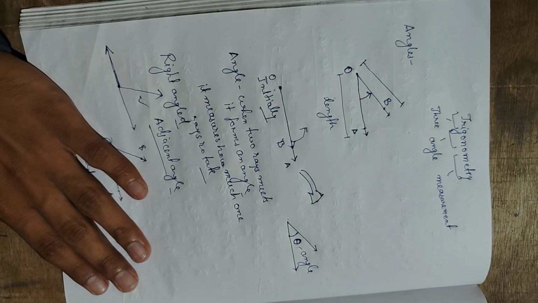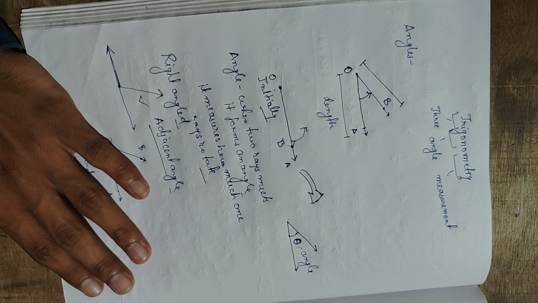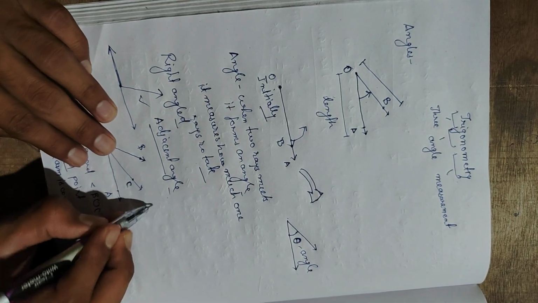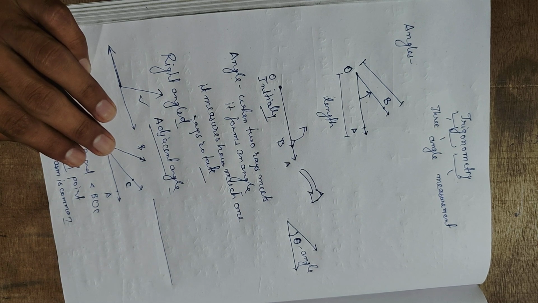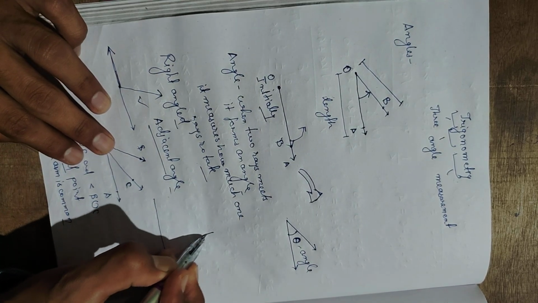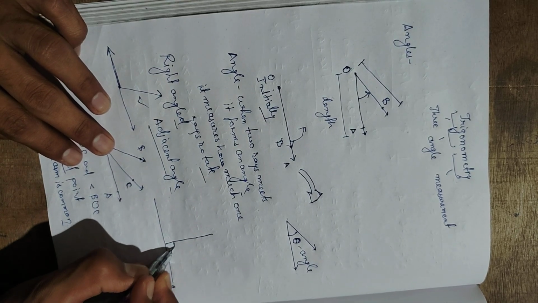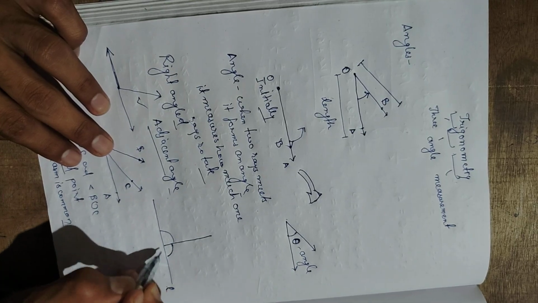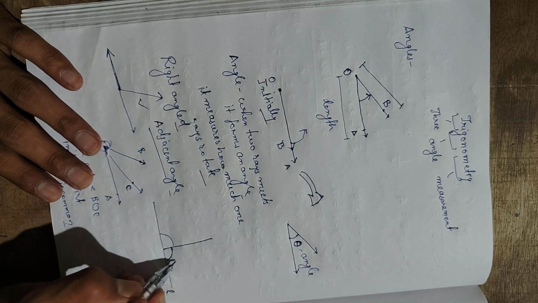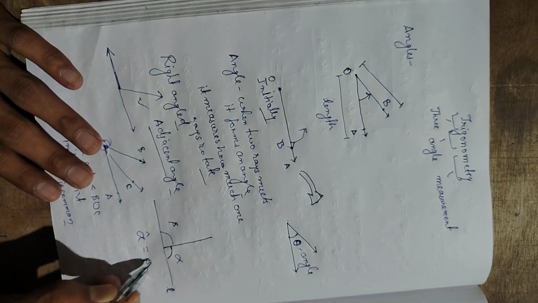We haven't discussed any measurement property about angles, so we first define what a right angle is. Suppose there is a line L, and there is another line that stands upon it such that the adjacent angles made by each other, let's say alpha and beta, are equal: alpha equals beta.